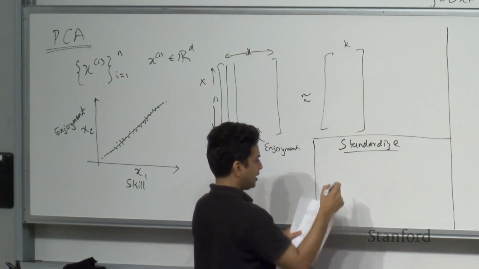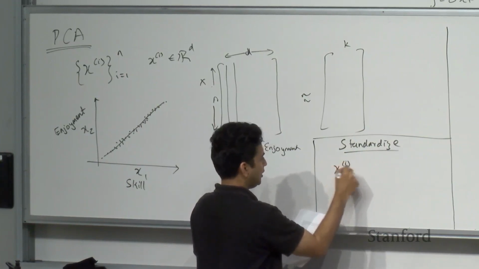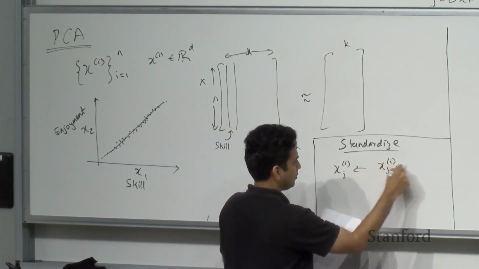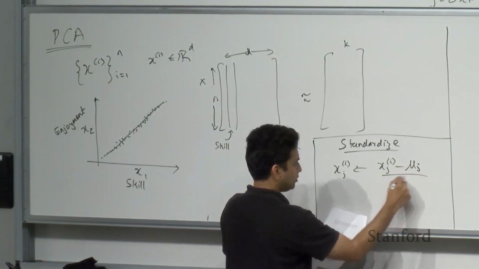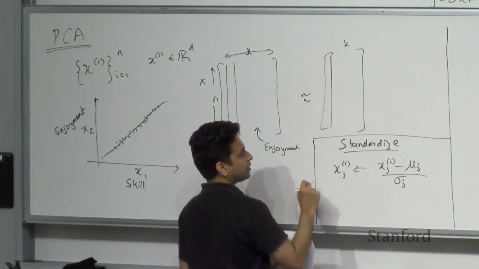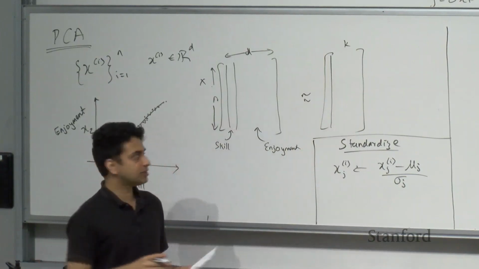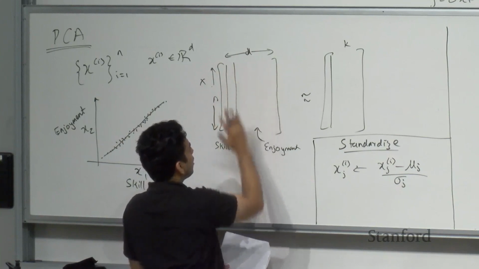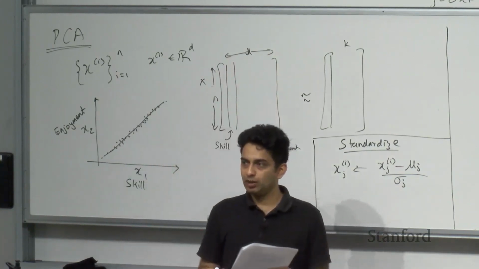Which means we want to set x_ji to be (x_ji minus mu_j) divided by sigma_j, where mu_j is the mean of the jth column and sigma_j is the standard deviation of the jth column. So first, independently center each column and scale each column so that the column has variance 1.